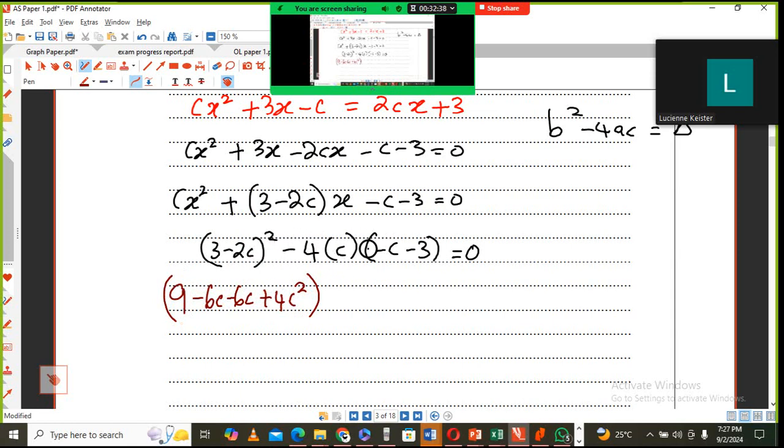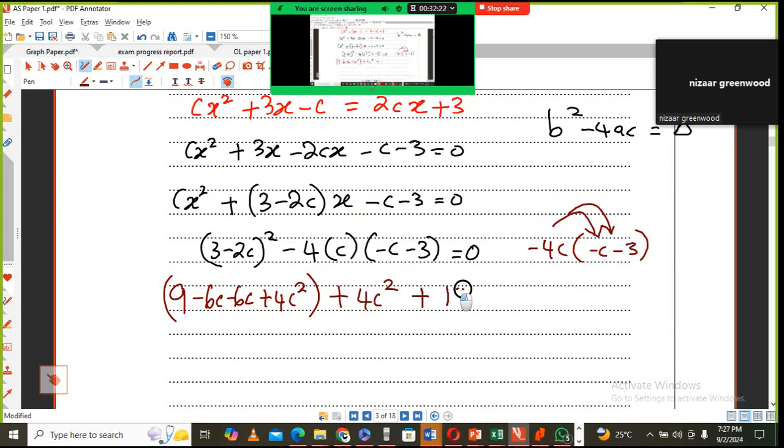Then minus 4c times minus c minus 3. If you multiply that, it gives you positive 4c squared. If you multiply that, it gives you also positive 12c.